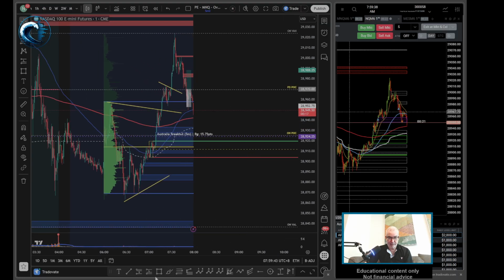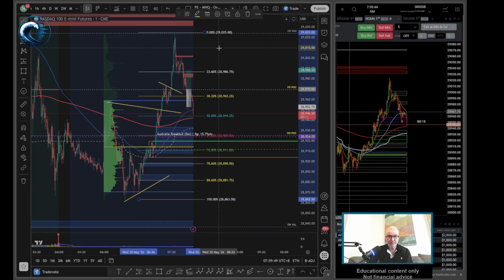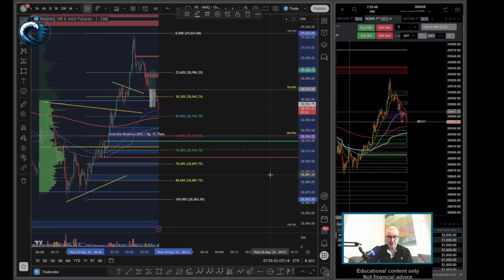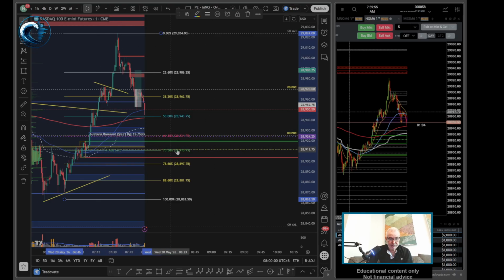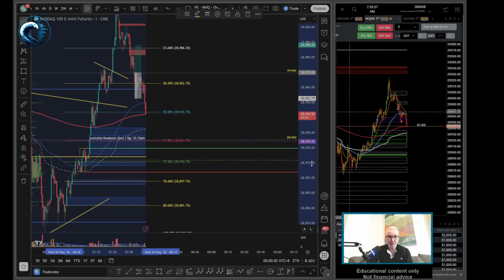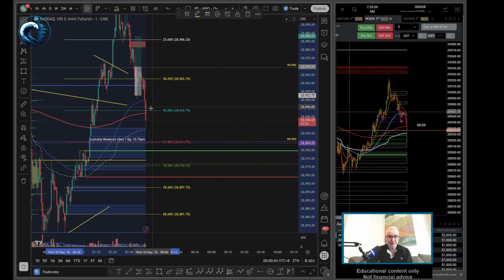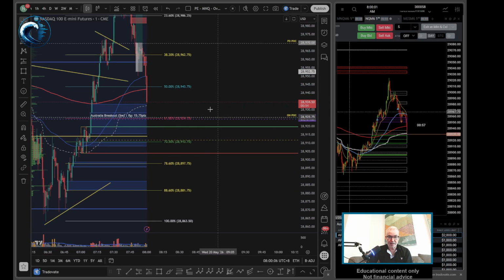But see, if we bring back our fib retracement, where are we looking? We hit the 50% now. Looks like we'll target at least the 61%.